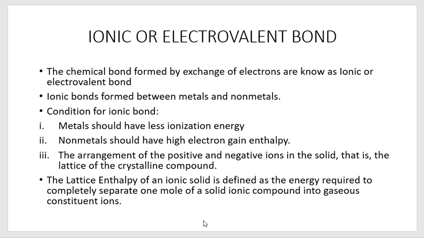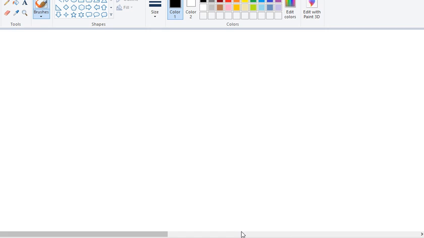As I said, the covalent bond is formed between non-metals, and the ionic bond is formed between metals and non-metals. For example, how the octet rule describes the formation of an ionic compound, like we have sodium and chlorine.